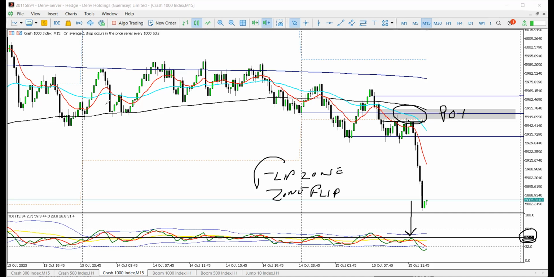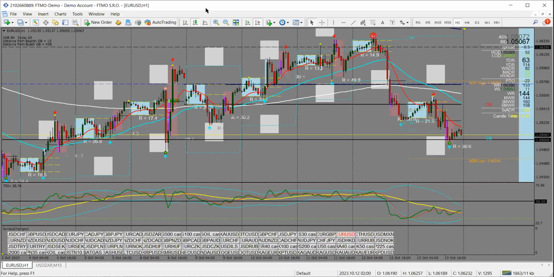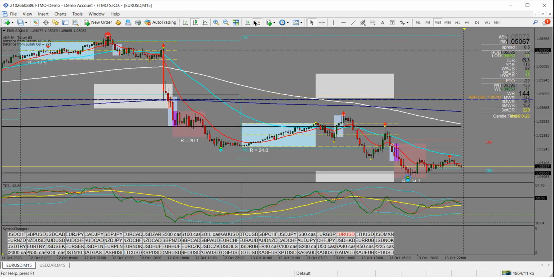Actually, before I go, let me show you another example where the zone flip actually played out on EU on Friday. We were in a downtrend, the peak was set. This is strictly BTMM. On M15, let's see, what do we have?